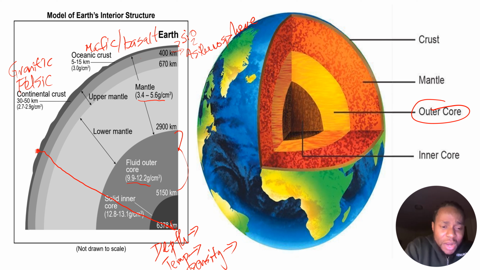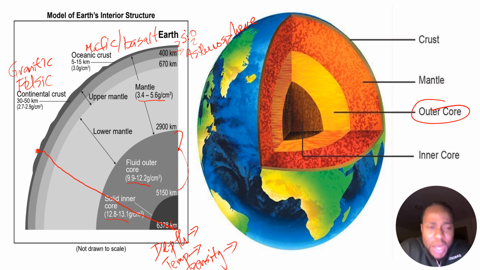Then you have the inner core with a density of 12.8 to 13.1 grams per cm cubed. So density is definitely increasing as you go deeper into the earth. Temperature is also increasing, and the depth is also increasing. So those are some major takeaways that you should annotate in your reference table.